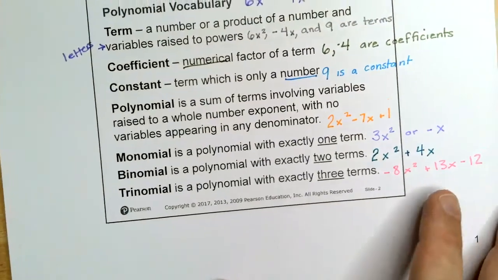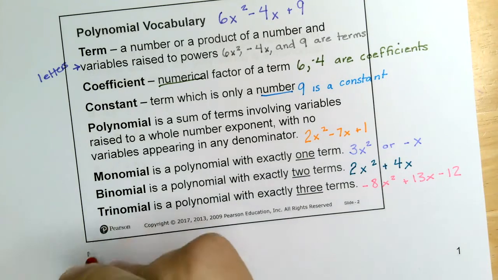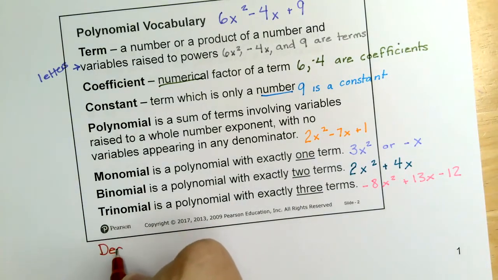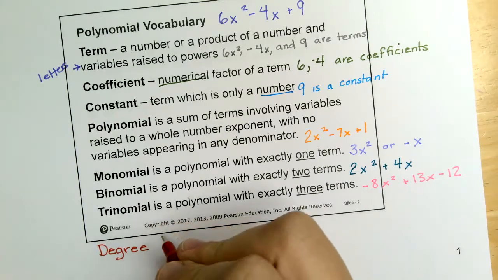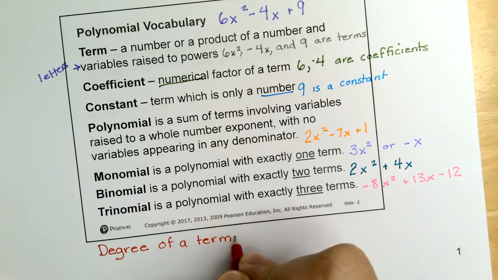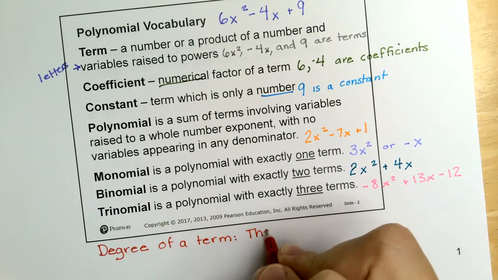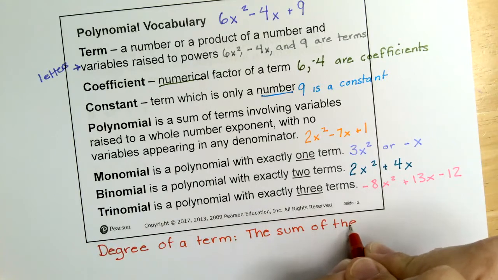Something else you need to know is called the degree of a term. The degree of a term is the sum of the exponents in the term.